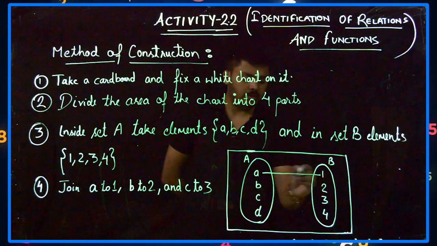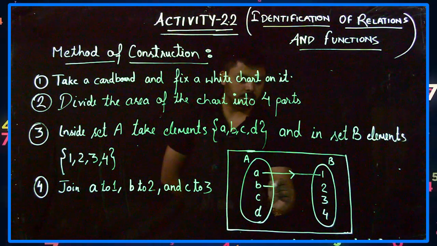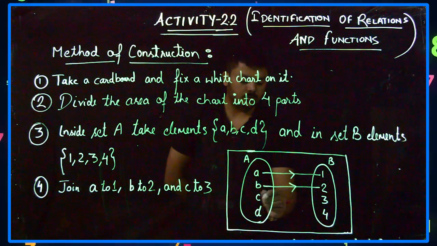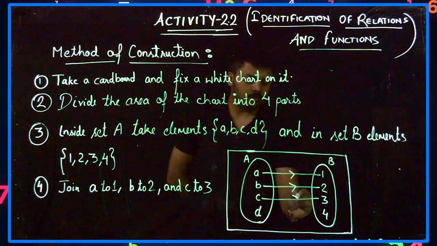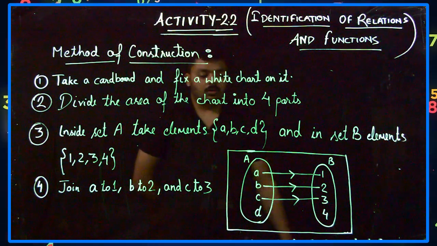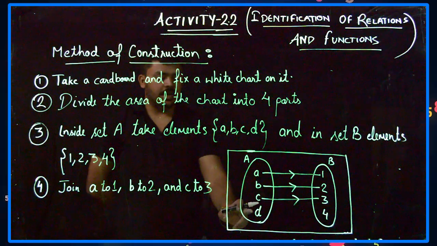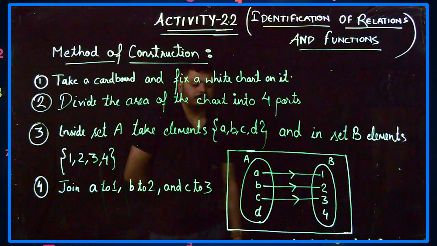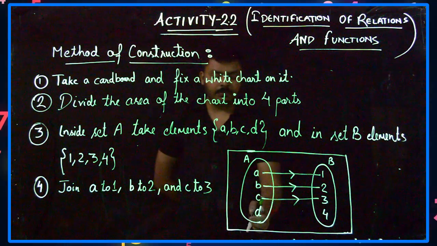That is A to 1, B to 2 and C to 3. Hence we can see that one element of set A has been left without joining, that is D.